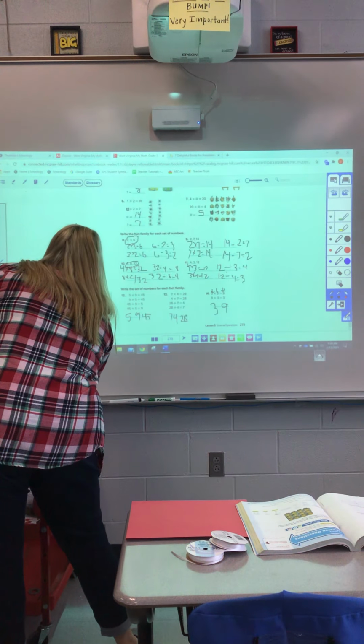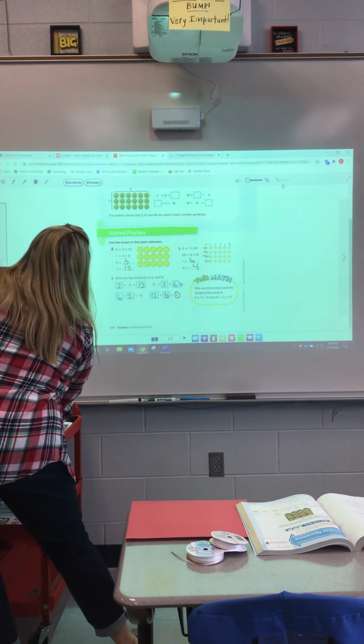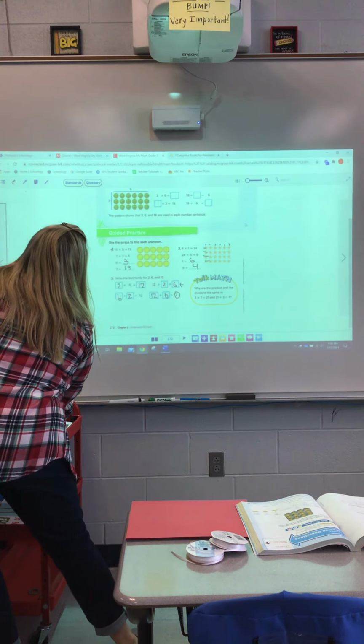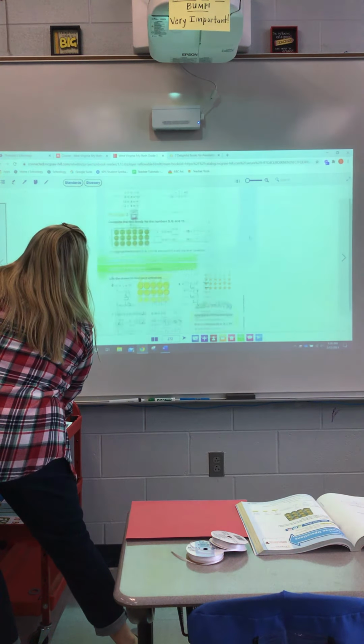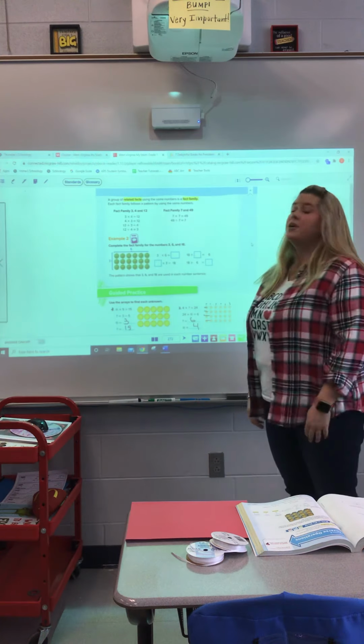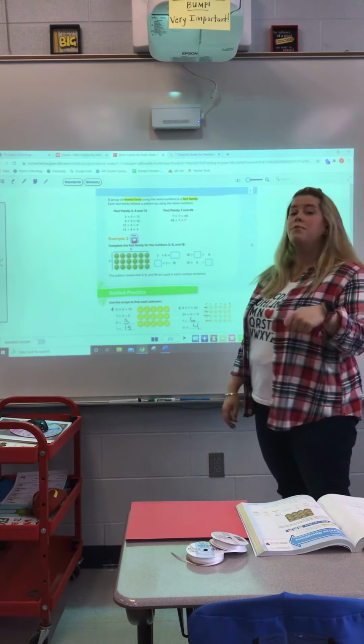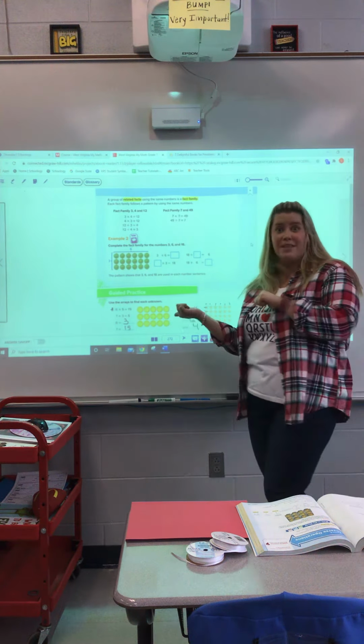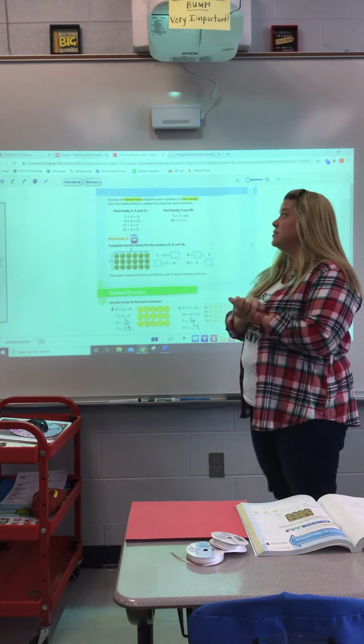Whoop, too far. Okay, let's look at the top of page 272. A group of related facts using the same numbers is a fact family. We just talked about those, right? Each fact family follows a pattern by using the same numbers.